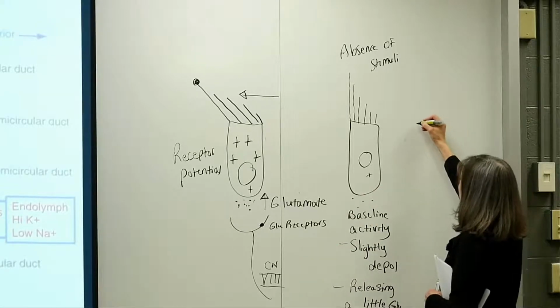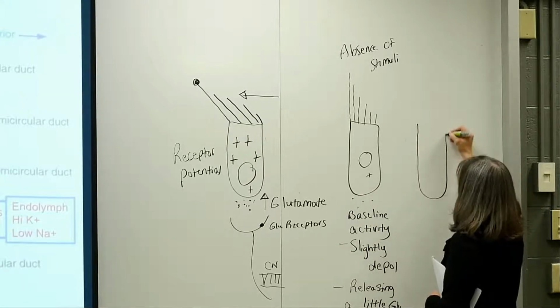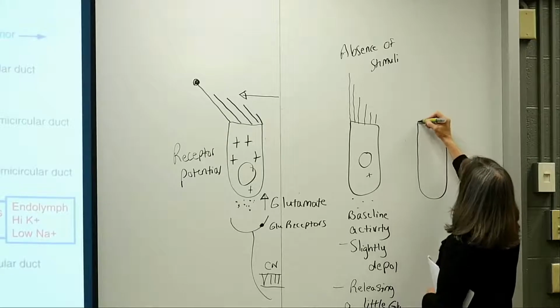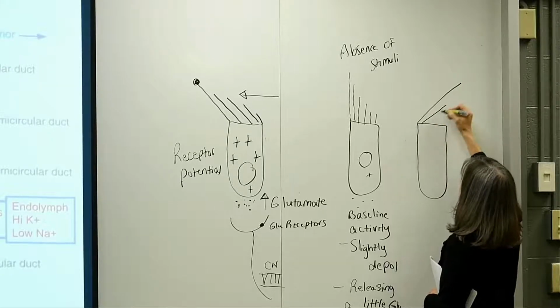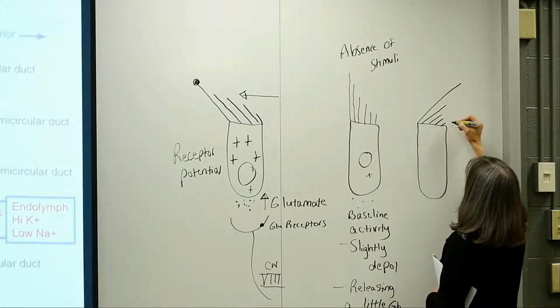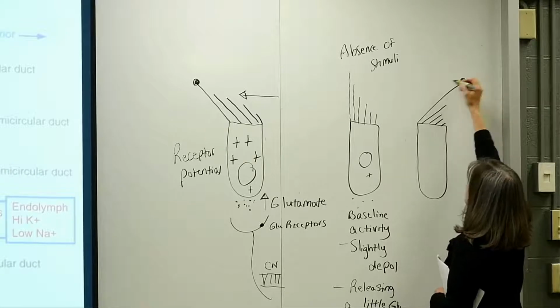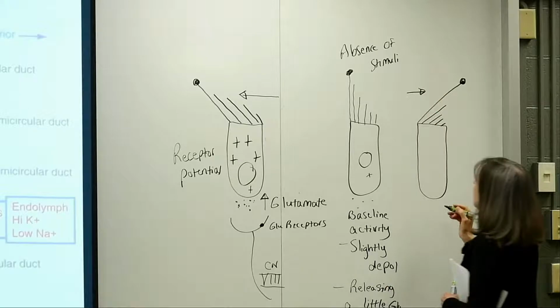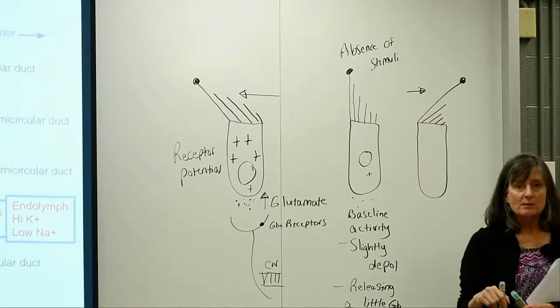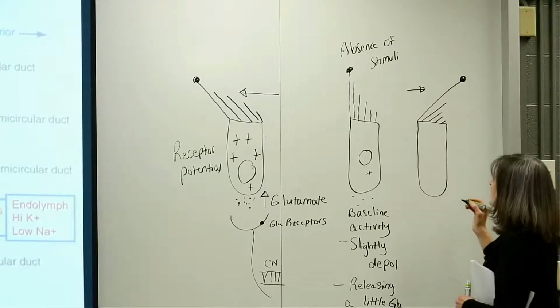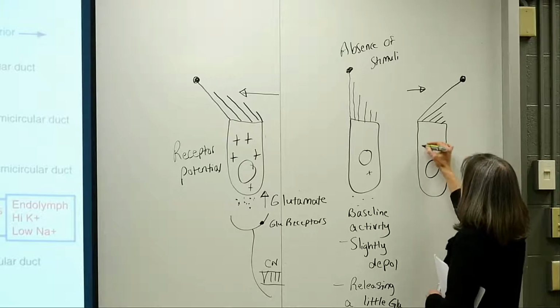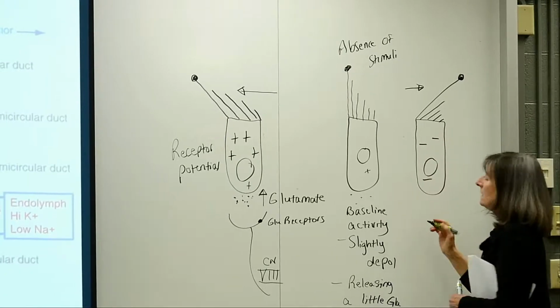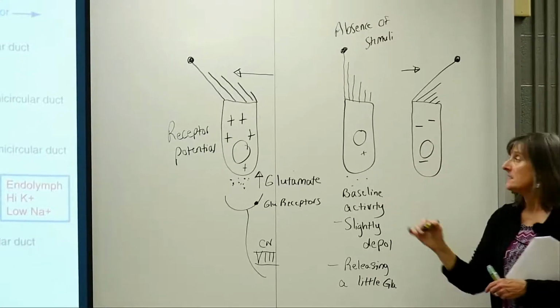We can also have our hair bundle moving in a different direction. So that hair bundle could also move away from the kinocilium or towards the shortest stereocilia. And that would be in this direction. That happens to close mechanically activated cation channels. So that's going to result in a hyperpolarization of this hair cell relative to rest.